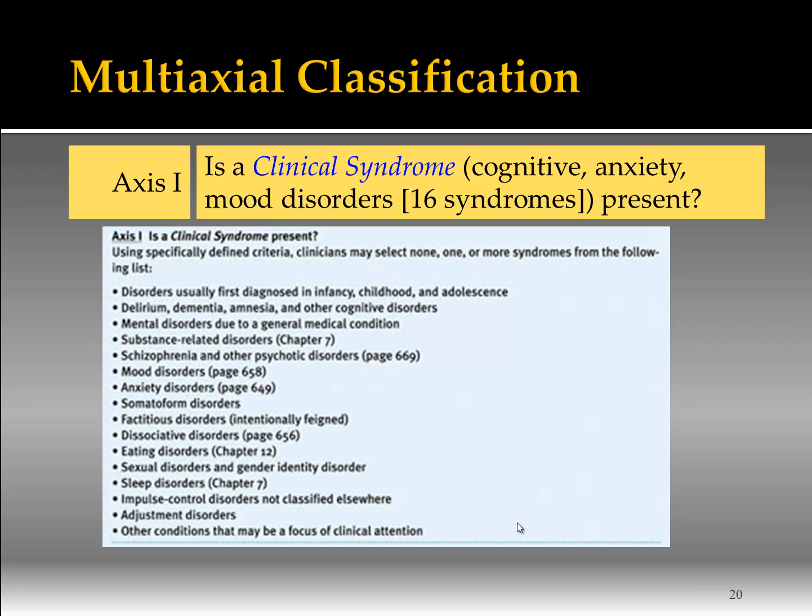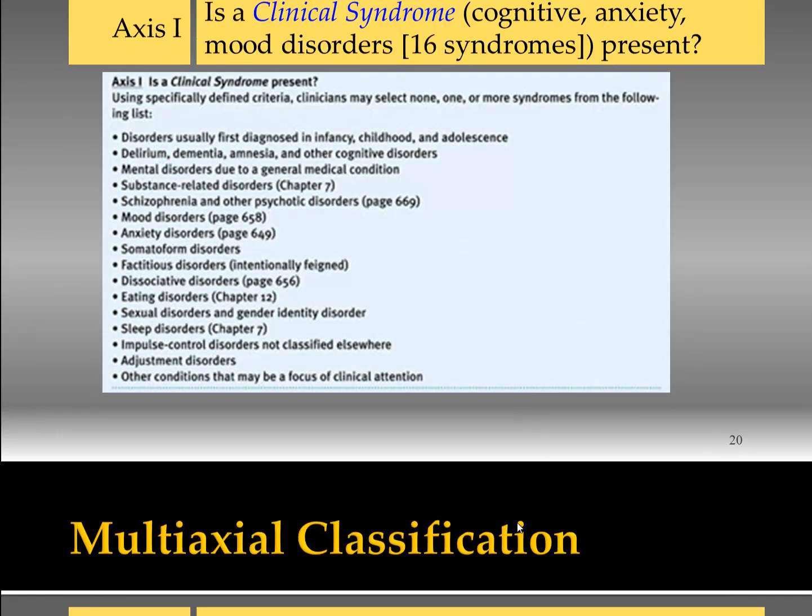That's where your hypochondriasis and conversion reactions come in, and eating disorders, sexual disorders, sleep disorders. These are the primary classifications that we go through, and generally we're always going to diagnose somebody on axis 1, and so that's more or less the standard one.